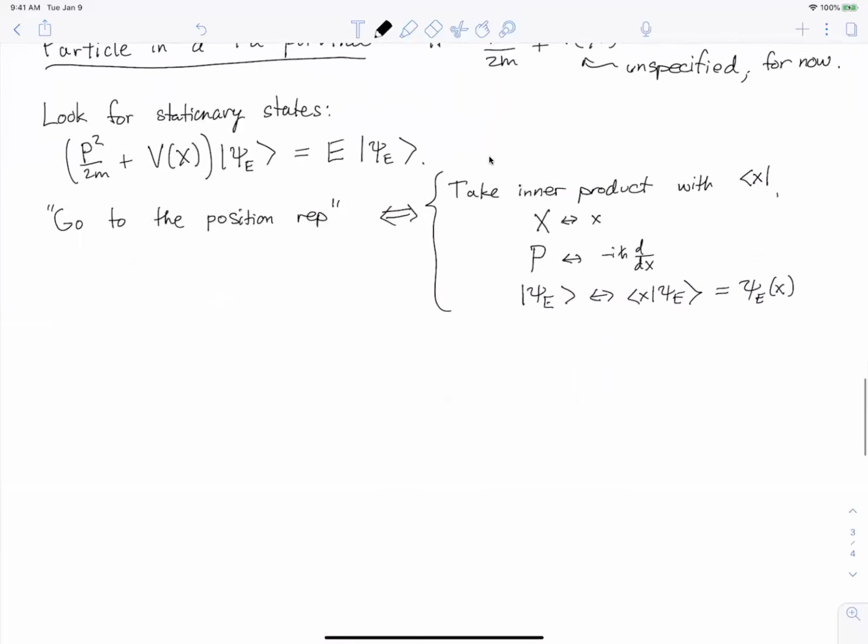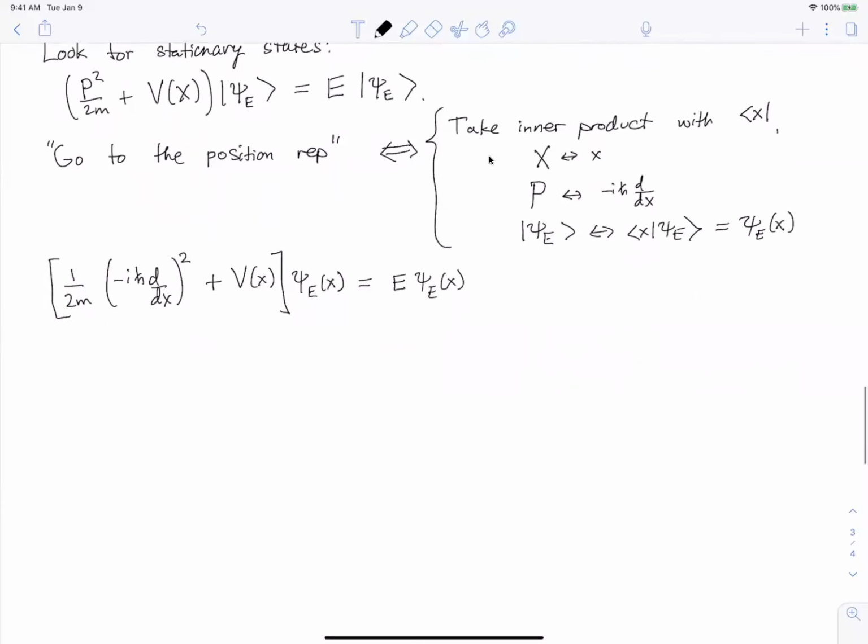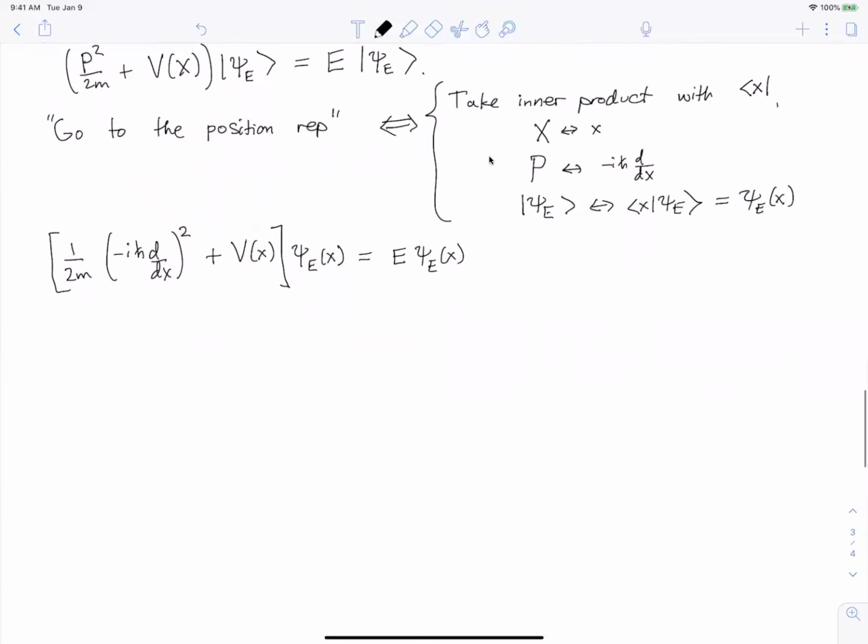Okay, and so if we do that, this differential equation becomes 1 over 2m times minus i h bar d by dx, squared, because it's p squared, plus V of x. Notice I'm writing this as a lowercase x now, acting on the wave function psi_E of x is equal to E psi_E of x. That's a second order differential equation, and so let's put it in a standard form by just isolating the derivatives.